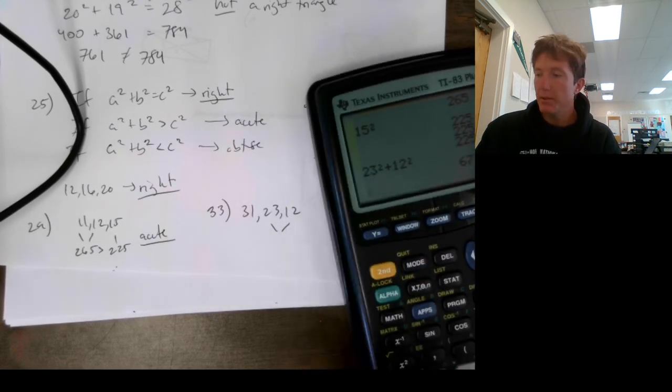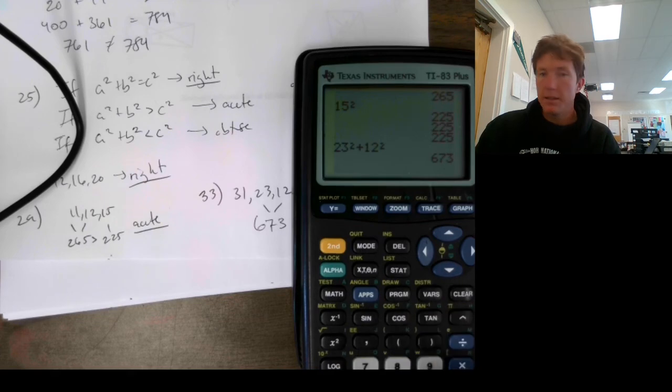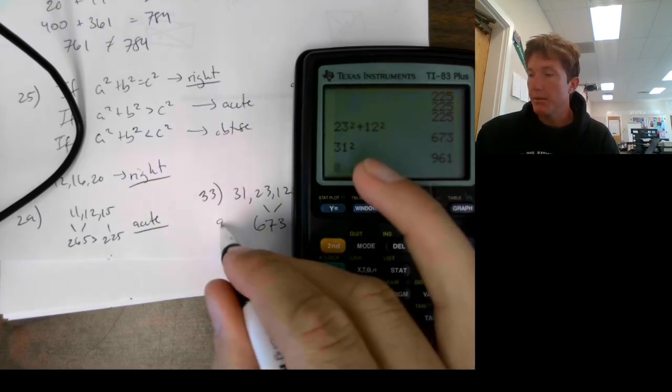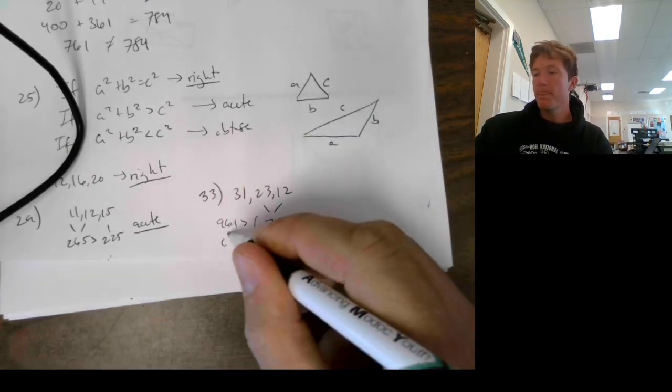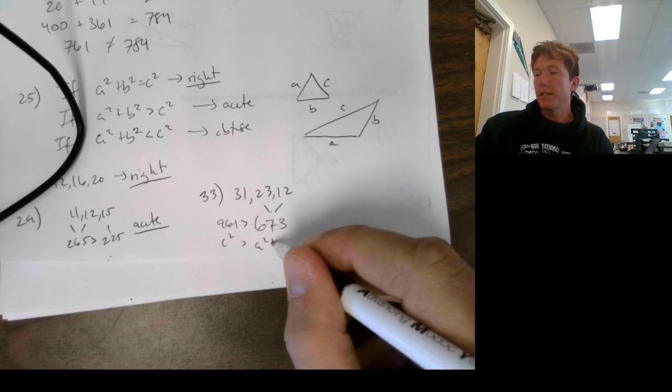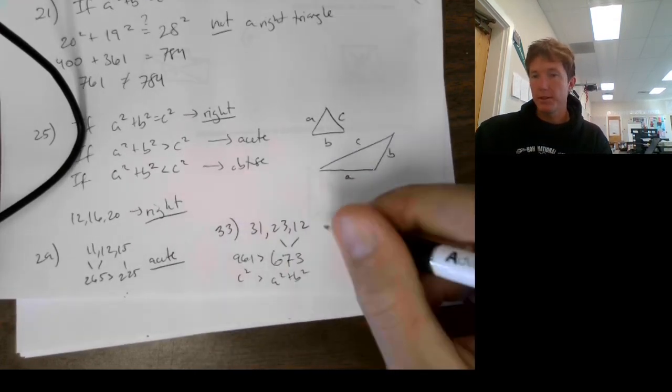That's 673. And then 31 squared is 961. So c squared is much larger than a squared plus b squared. So we have the case of the obtuse triangle. This is obtuse.